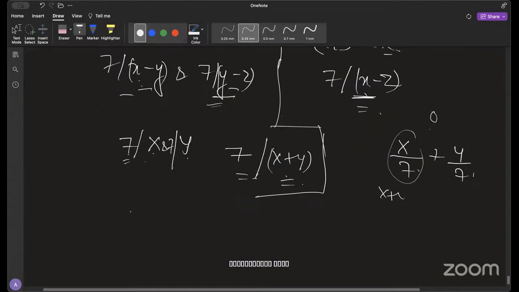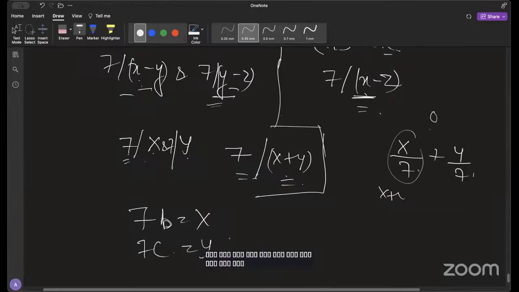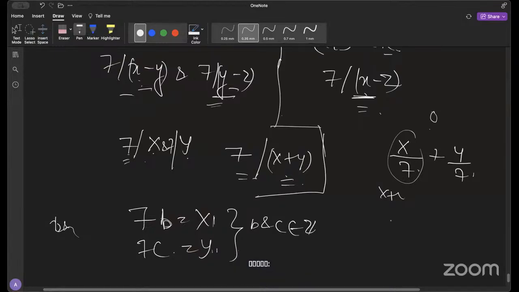Or it's like this. 7 divides x means there is a b such that 7b equals x. 7 divides y means there is a c such that 7c equals y. And if you combine these two things, where b and c are integers, if you add these two equations, you will get 7(b plus c) equals x plus y.